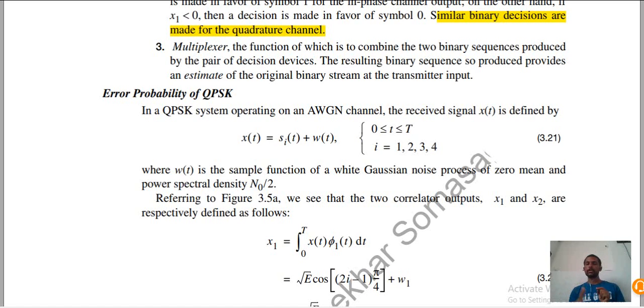T is from 0 to capital T, and this is applicable to 4 signals, i equal to 1, 2, 3, 4.